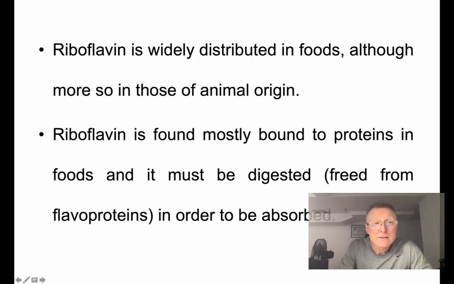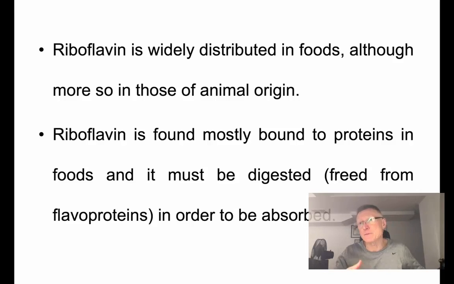It's widely distributed in foods, although more so in those of animal origin, because again it's inside of the cells that it's stored as FMN or FAD. So riboflavin is found mostly bound to proteins in foods, and it must be freed from flavoproteins in order to be absorbed.